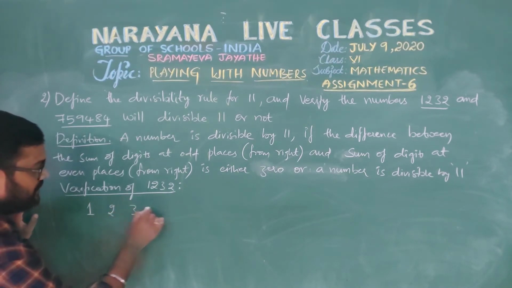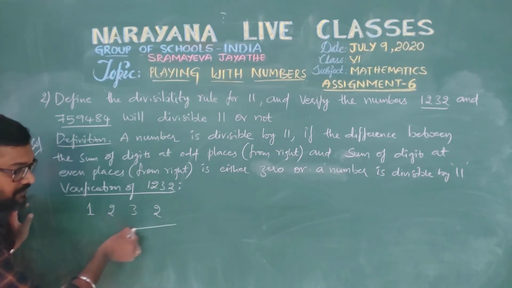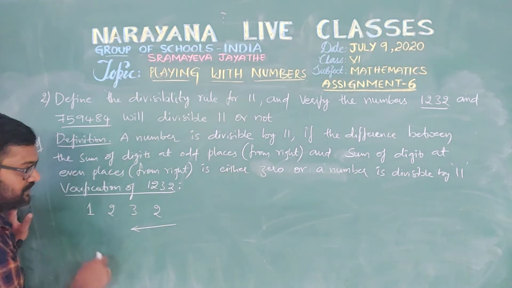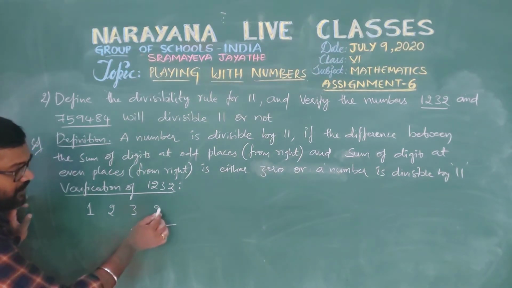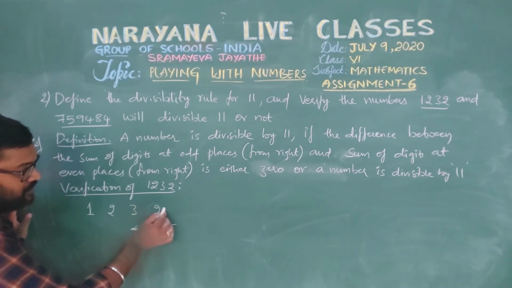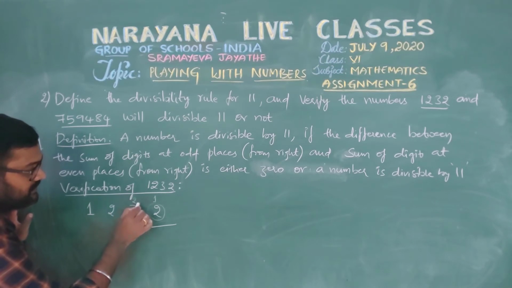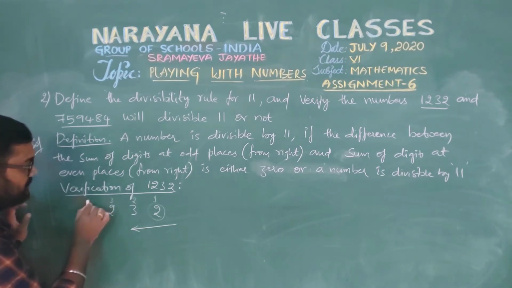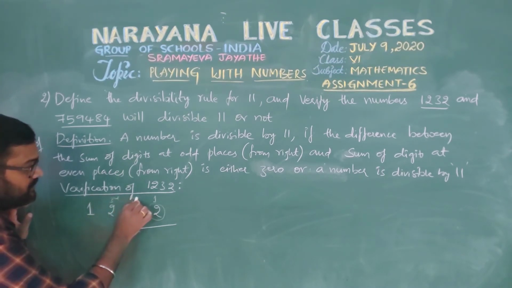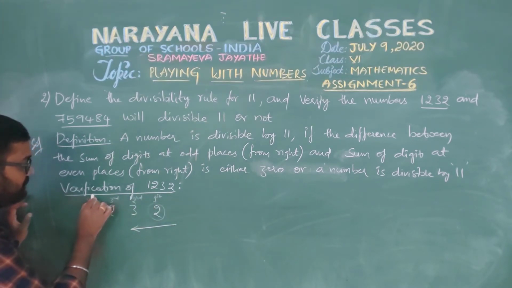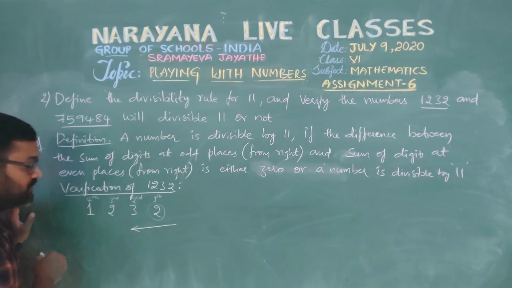So we have 4 digits. We need to take from right always like this. Odd places, even places. Now, if you observe here, this 2 is in first place. And this is second place. And this is third. This is first, second, third. And this is fourth. Isn't it?